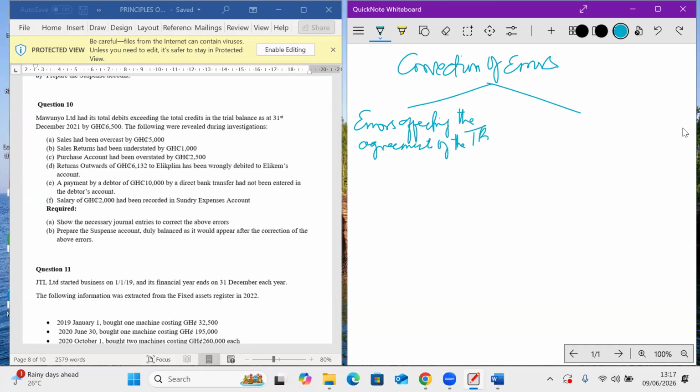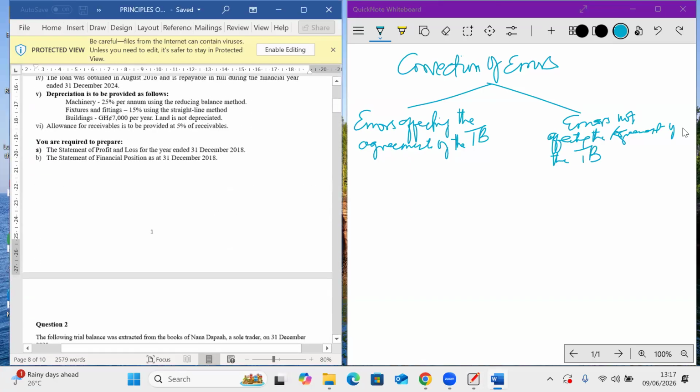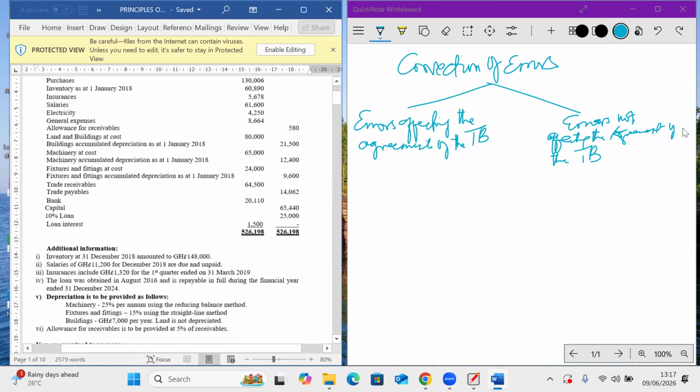TB means trial balance. We have errors affecting the agreement of the trial balance. We have errors not affecting the agreements of the trial balance. When an error affects the agreement of the trial balance, look on the left.